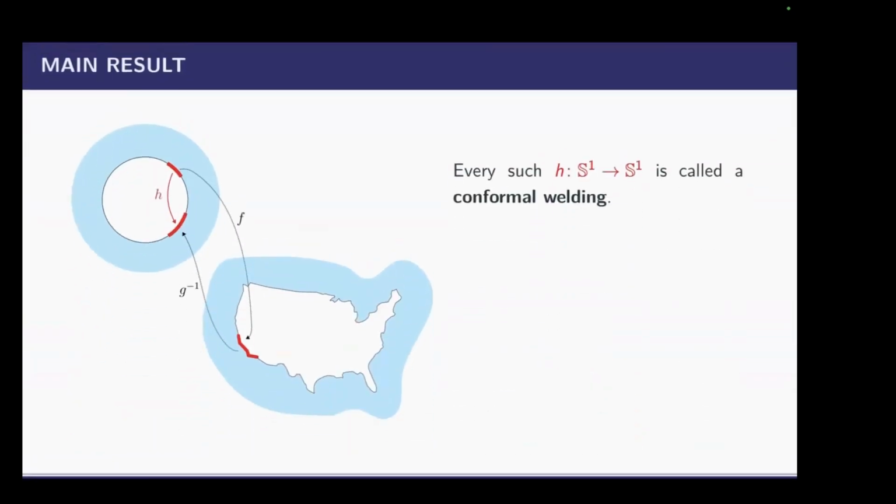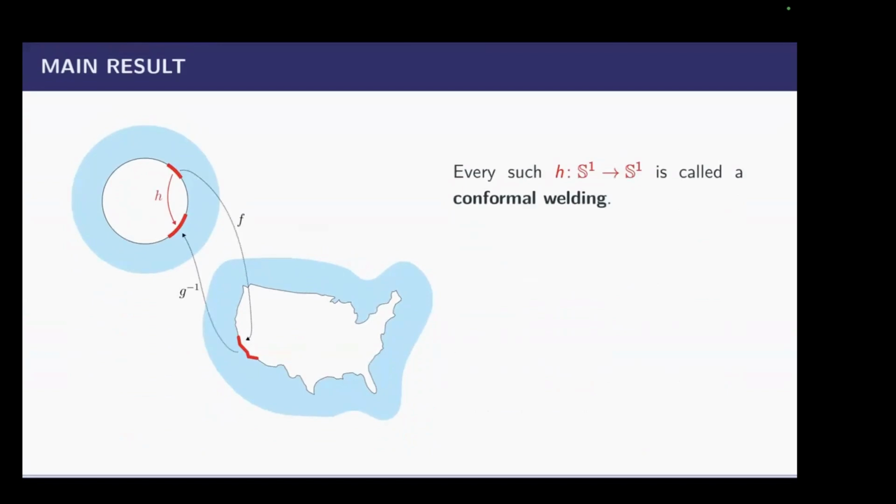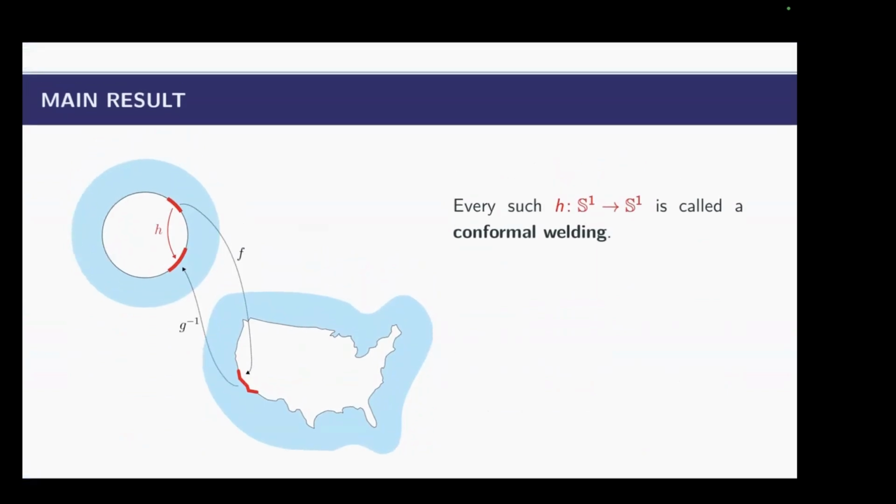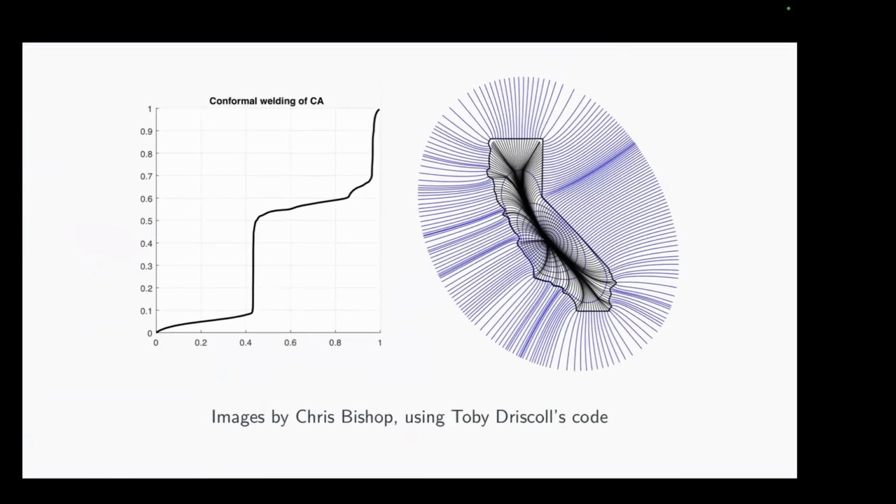Okay, so as I said, every such circle homeomorphism is called a conformal welding. Sorry, a quick question about the pictures. You have this part with a steep slope, right? So how do you get the steep slope? Well, this steep slope happens in a place in which the derivative needs to be very large.